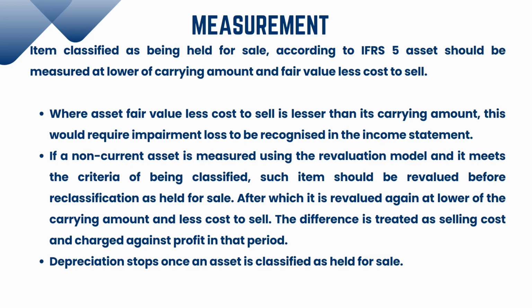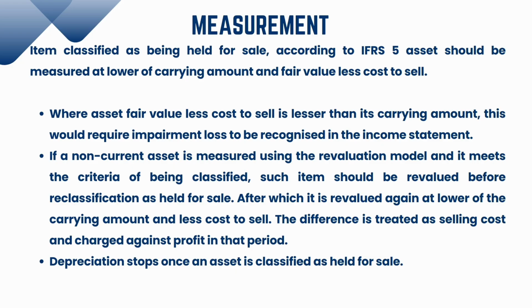So since the carrying amount was 1,000 naira and now there's an increase of 500 naira, the revalued amount is 1,500. You're going to record the carrying amount of that asset at 1,500 naira. That is what IFRS 5 is saying. First things first, you revalue it using the revaluation model. So now we have 1,500 naira.